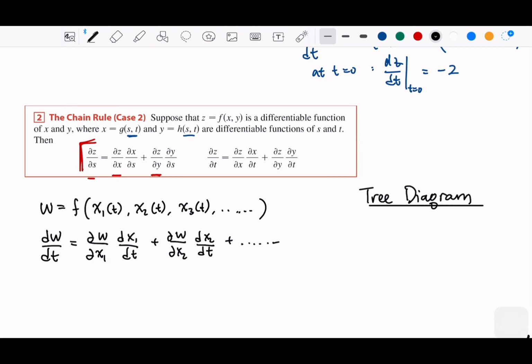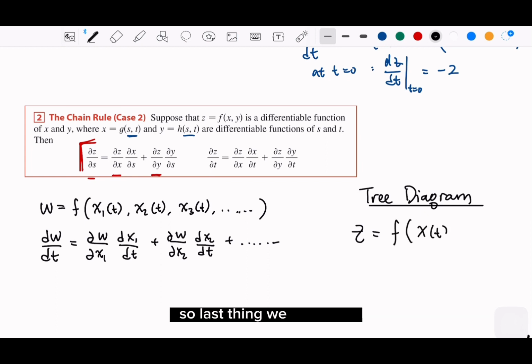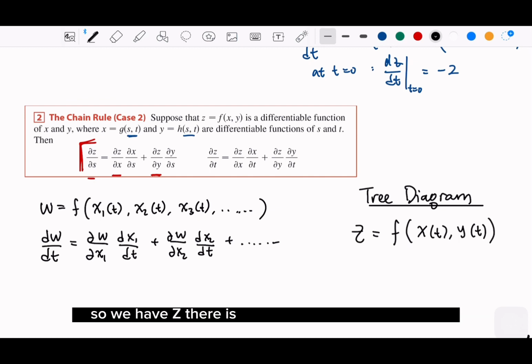For example, we have z, like the first case we did before. So let's say z is a function of 2 variables x and y, but x and y are both functions of 1 variable t.